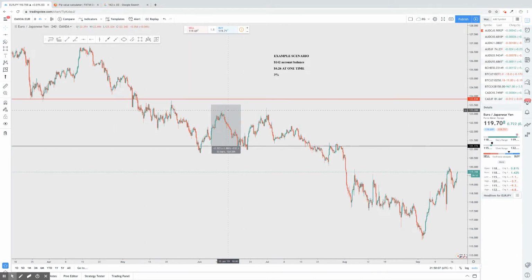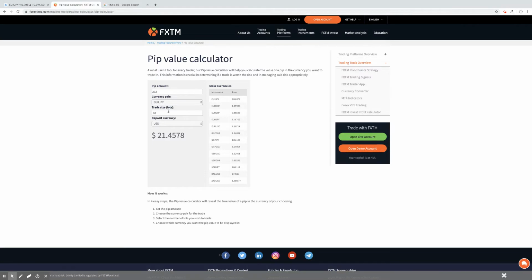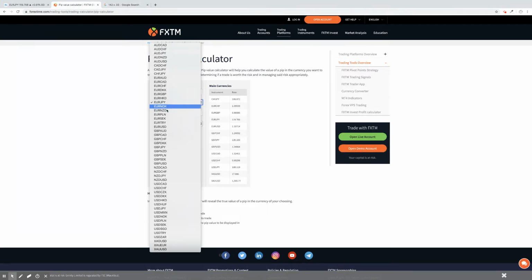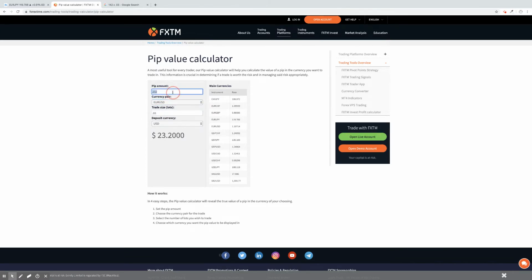It's going to take a while for you to do this, but this is all going to add up in a second, okay? Just bear with me. Now let's say we entered the same sort of trade, okay, with that sniper entry, all right? But it was on the Euro US dollar, okay?